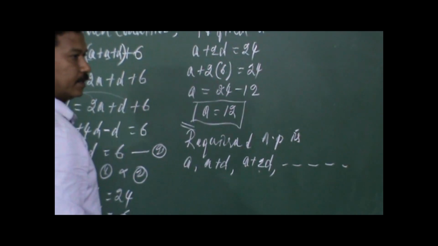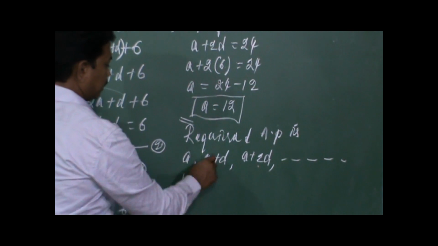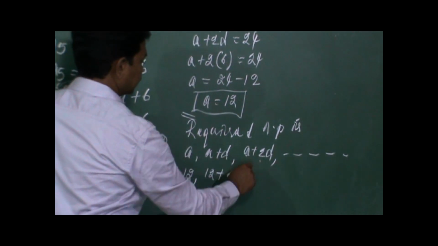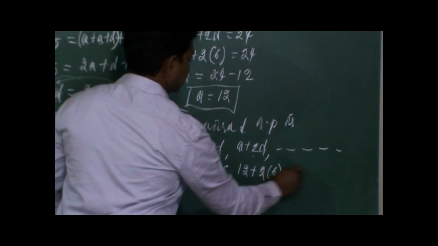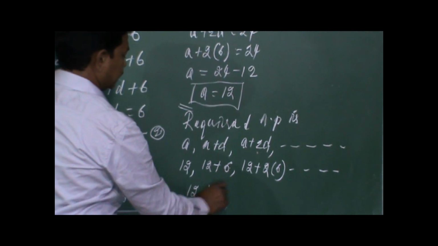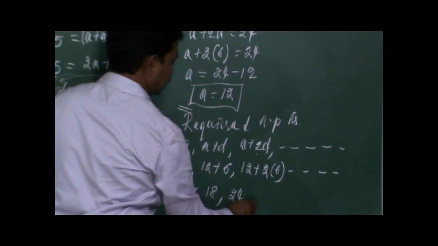Three terms are enough to define an AP. So A is 12, then A plus D is 12 plus 6, which is 18, then A plus 2D is 12 plus 12, which is 24, and so on.